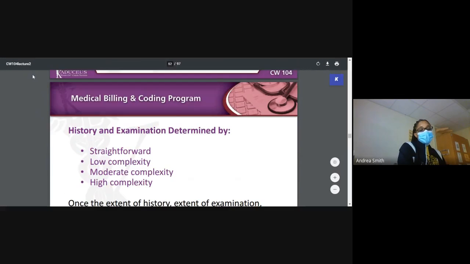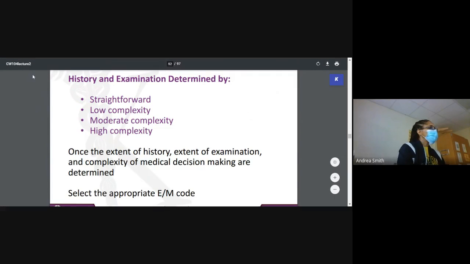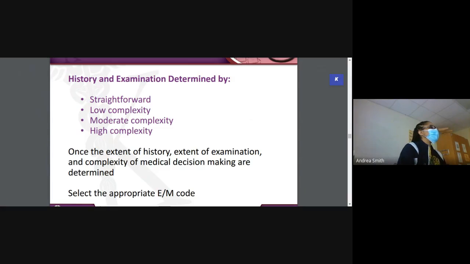Once the extent of the history, the extent of the exam, and the complexity of the medical decision making are determined, you can then select the appropriate E&M code.